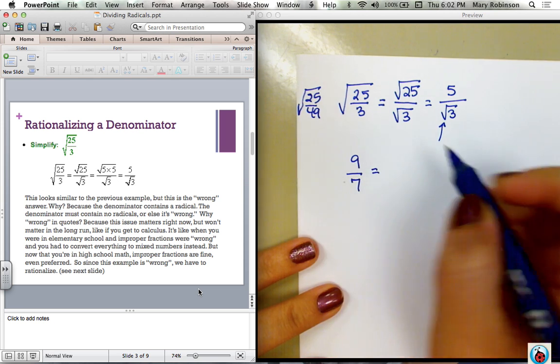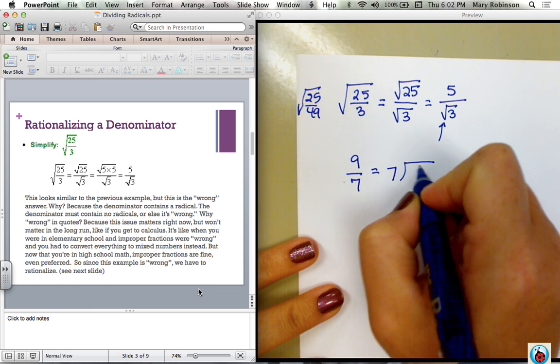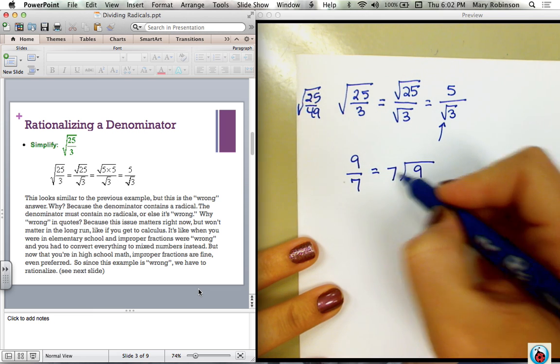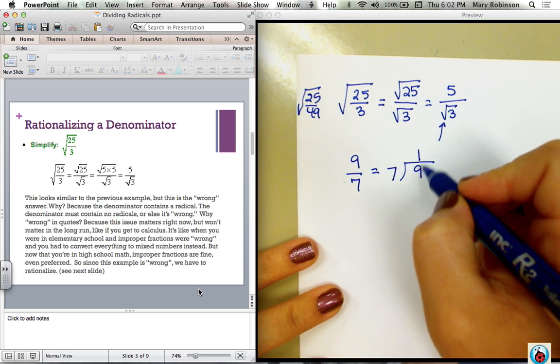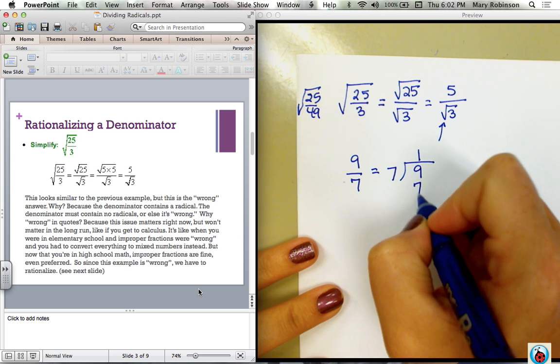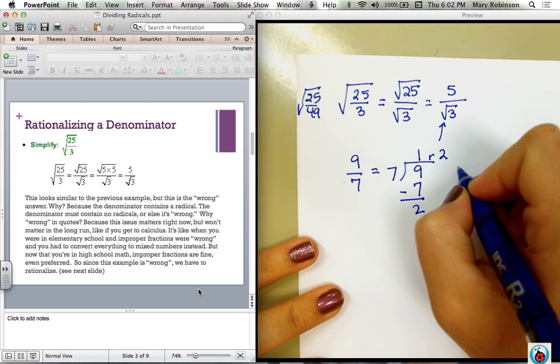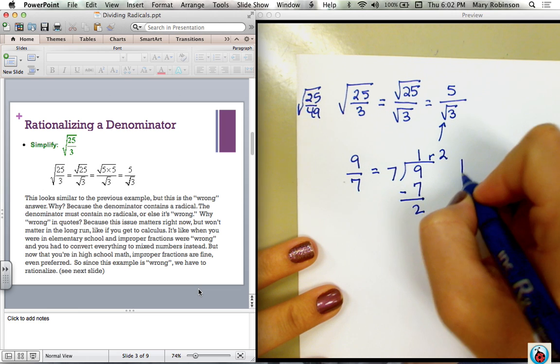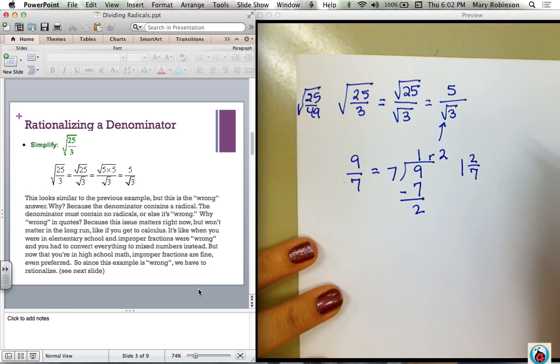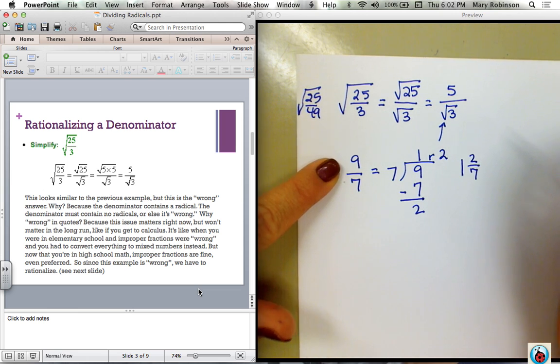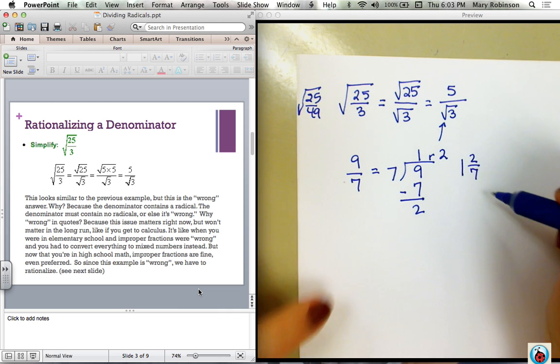So they would then ask you to convert this to a mixed number where 7 goes into 9 one time. 1 times 7 is 7, and when you subtract you get remainder 2, meaning that this value as a mixed number is 1 2/7.